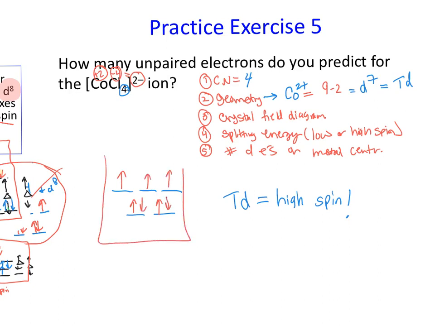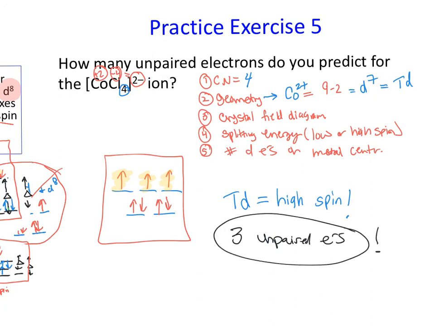So that would be my crystal field splitting diagram for a d7 tetrahedral complex. And I can see that I do indeed have 1, 2, 3 unpaired electrons. You can follow these steps anytime you have a crystal field diagram problem.